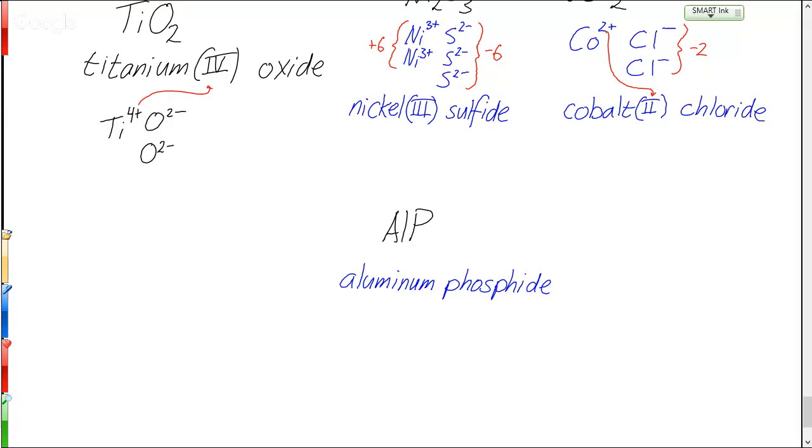If you use the British spelling of aluminum, which is aluminium, with a separate I on there, that's fine too. Those are both correct names for it. But it would not be correct to put a 3 in parentheses here. Even though the charge on aluminum is 3, it's always 3, so that's fixed. So we don't specify the charge.